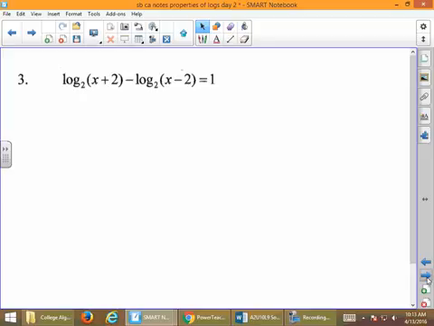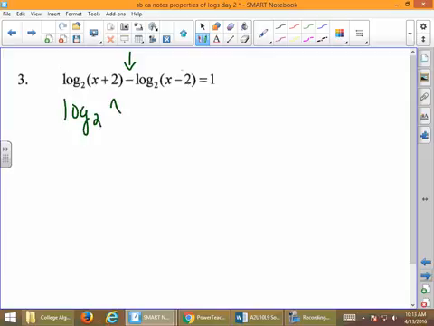So our first part to deal with is, what does minus tell us to do? Well, it tells us that we can combine these by division. But we cannot get rid of the logarithm like we did last problem, we crossed them out.